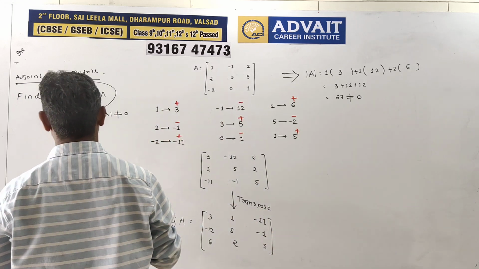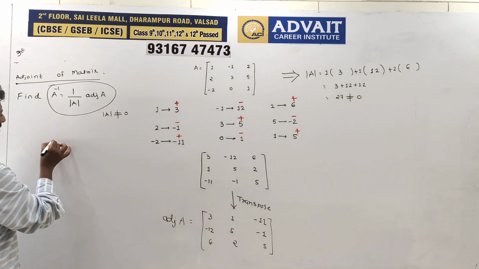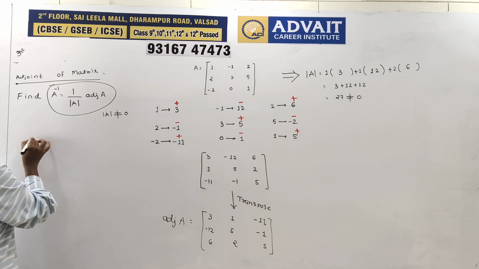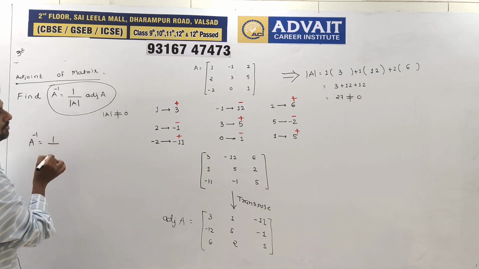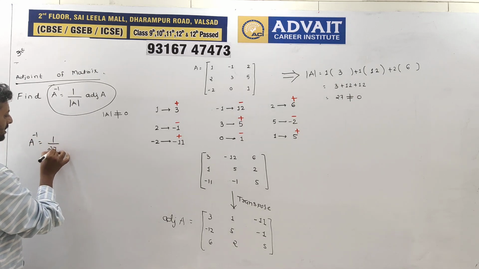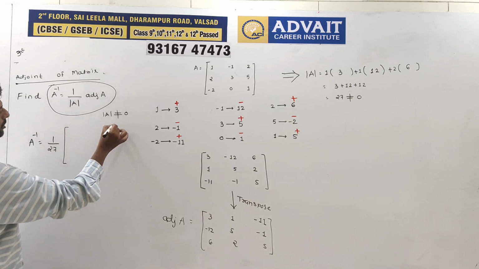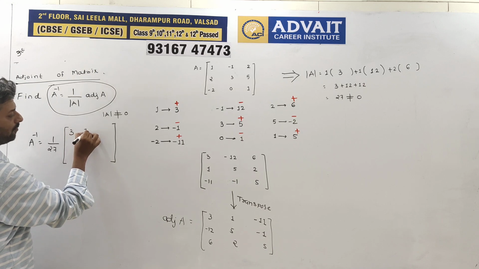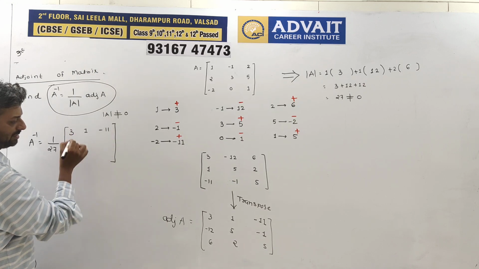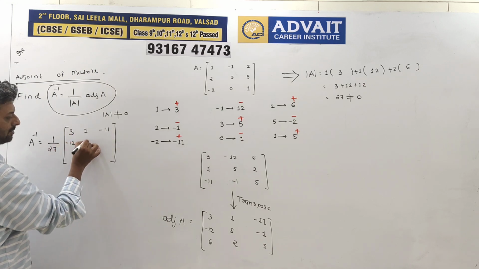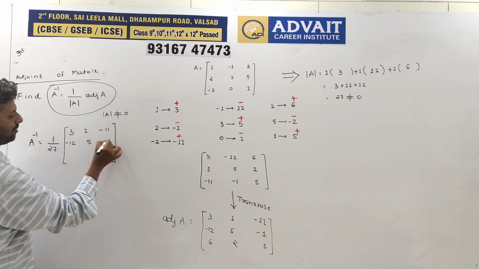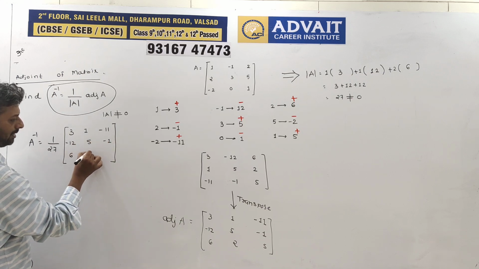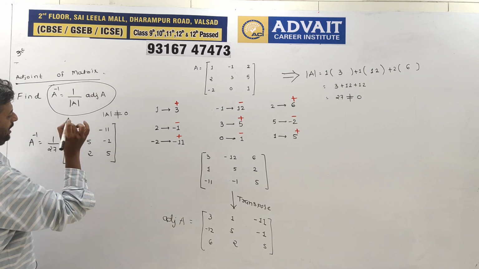Okay. Now your A inverse is equal to 1 upon 27 into adjoint of A. That is 3, 1, minus 11, minus 12, 5, minus 1, 6, 2, 5.